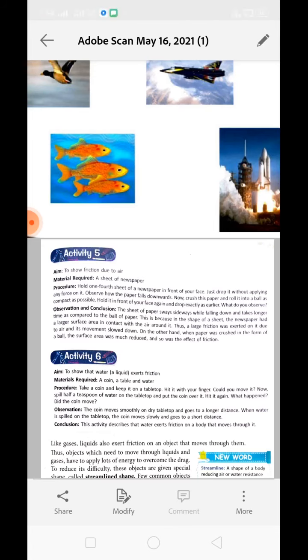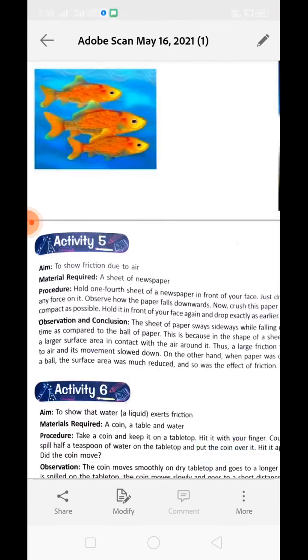But if you crumple the same paper into a ball and drop it, it will fall directly on the ground. It also receives drag, but the paper had a larger surface area in comparison to the ball, so the paper felt more drag.